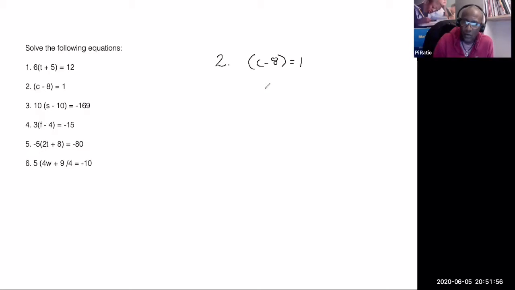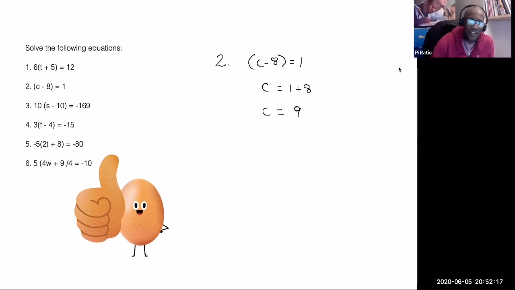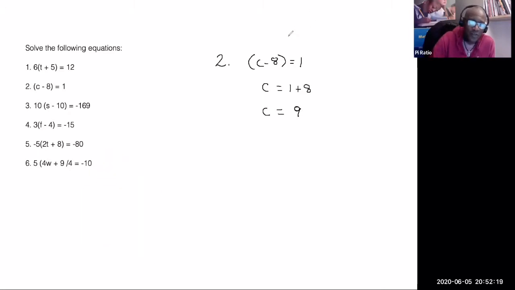So the next line is simply C is equal to 1 plus 8, because all I've done is move the 8 over to the other side. So that means that C is equal to 9. And there you go. 2 down, 4 to go.